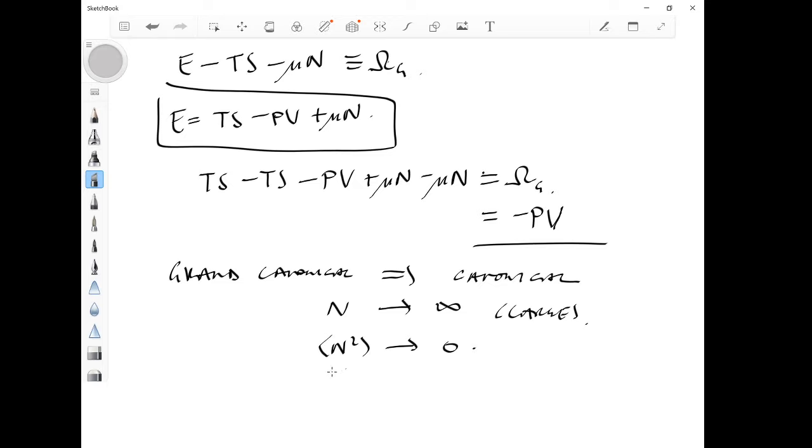So your n, there will not be any fluctuations. So there's no real flux of particles. So it's essentially going to be the canonical ensemble because there's no fluctuations in number of particles. Does that make any sense about that?